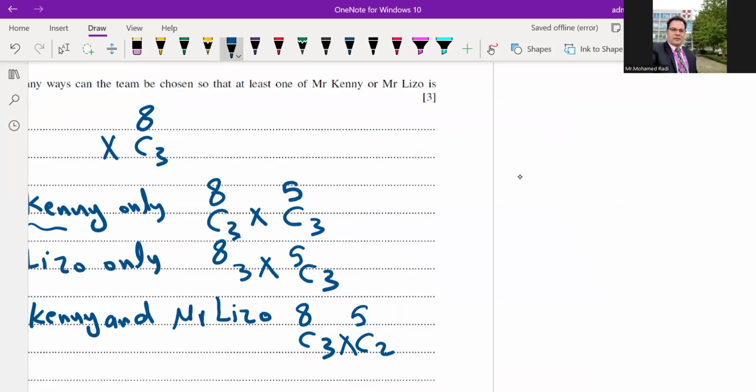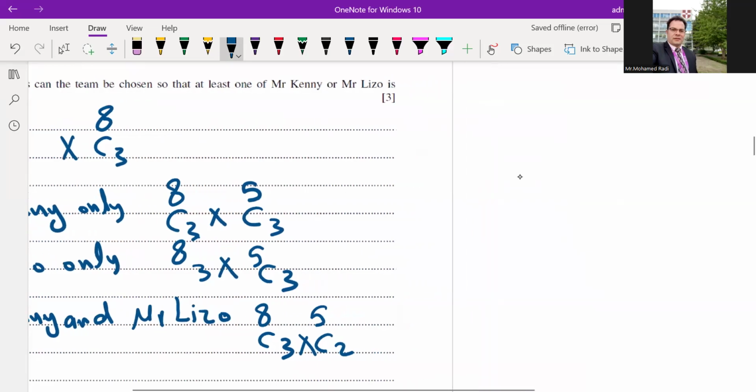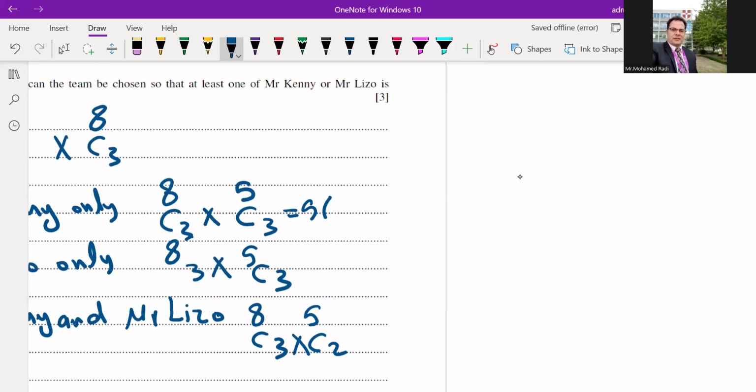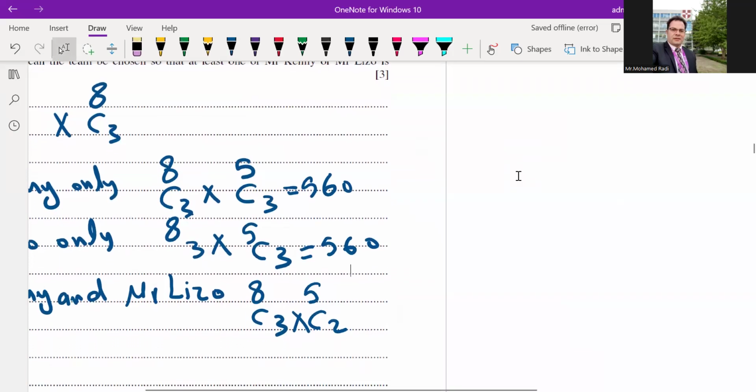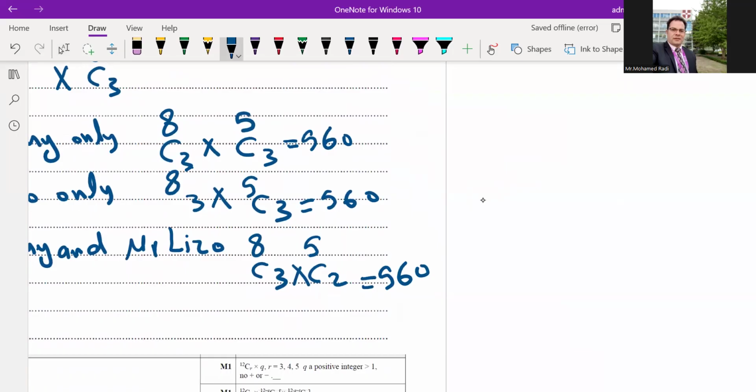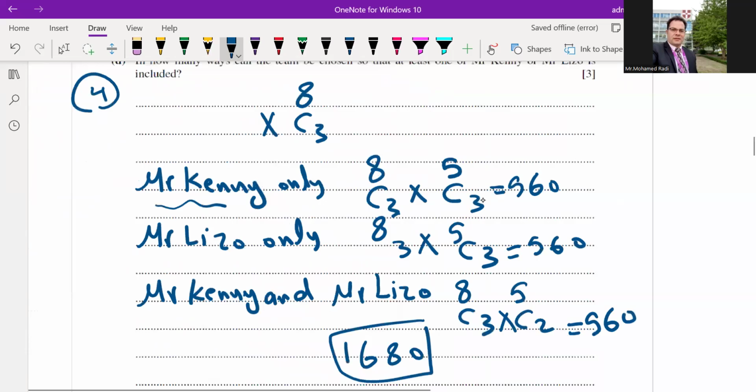For the first case, 5C3 multiplied by 8C3 is 560. Also for the second case, it's the same, 560. For the third one, 8C3 times 5C2, it's also 560. We'll add all these cases, so the answer will be 1680. That's it.